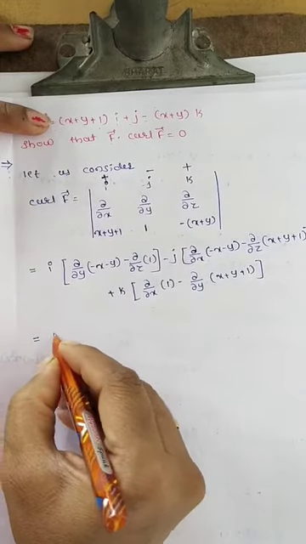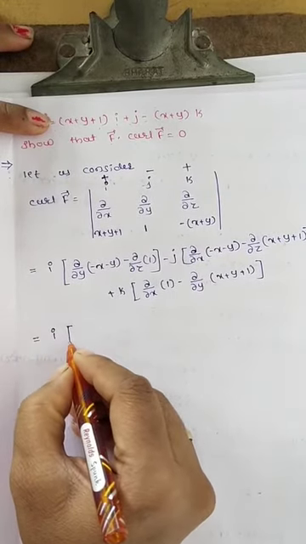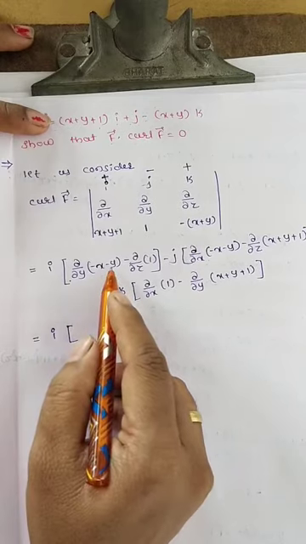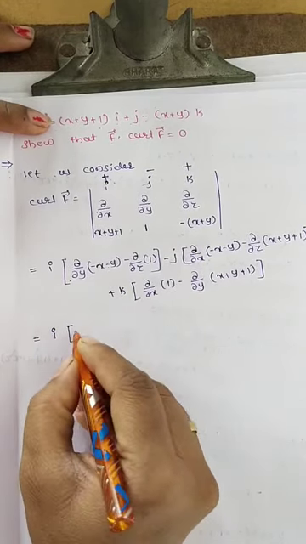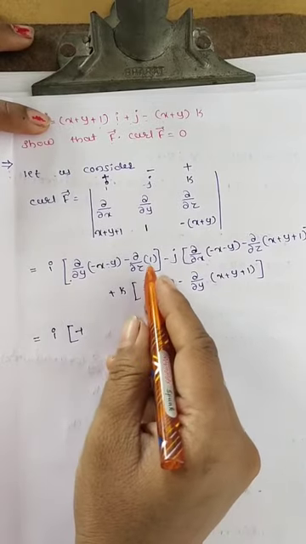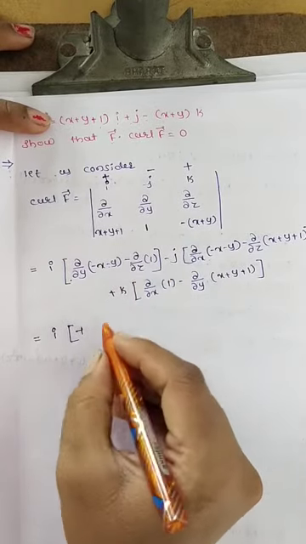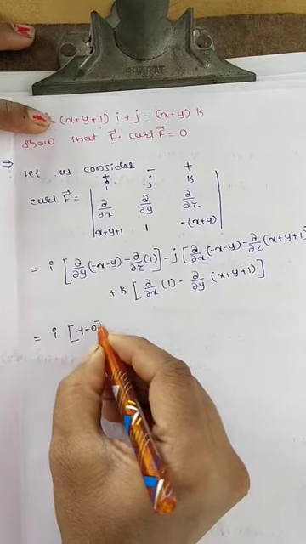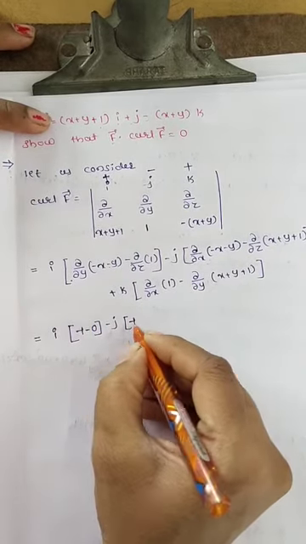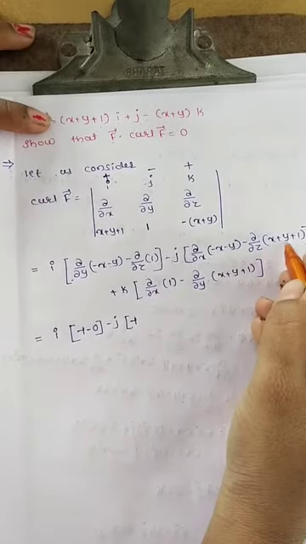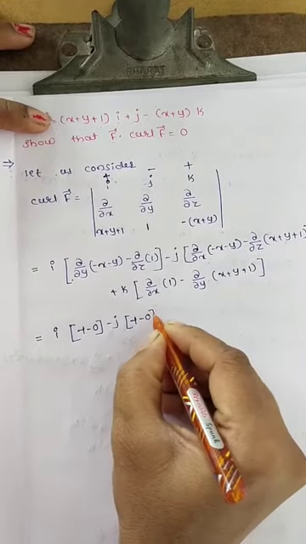Equal to, i keep as it is. Now differentiate partially with respect to y here. y becomes 1, x becomes 0, so minus 1. Here 1 is a constant, and its differentiation becomes 0, minus j. Here x becomes minus 1, y becomes 0, and z is not there, so this becomes 0.